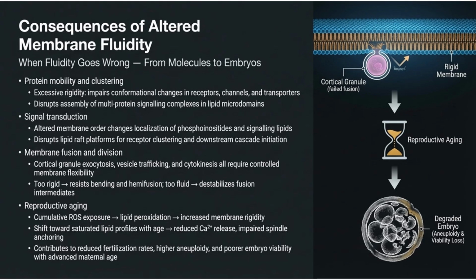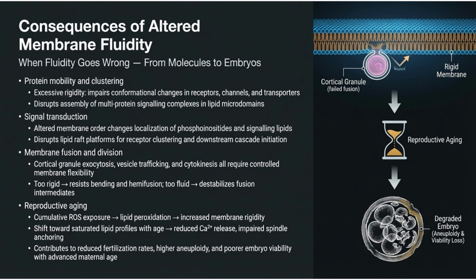This fusion depends on the membrane being sufficiently flexible to undergo the bending and hemifusion intermediates that membrane fusion requires. Too rigid, and the membrane resists bending. Too fluid, and the fusion intermediates become destabilized. The same is true for vesicle trafficking, cytokinesis during embryo cleavage, and the formation of cell-cell junctions during compaction.